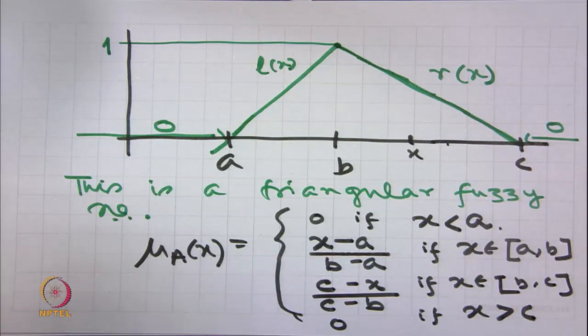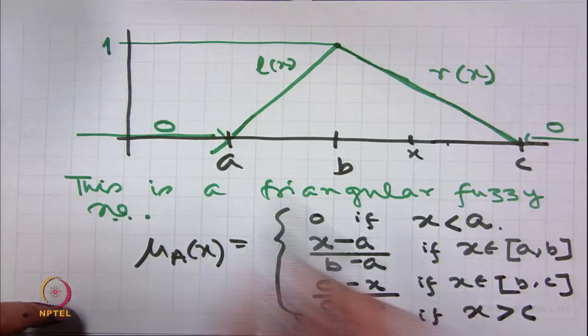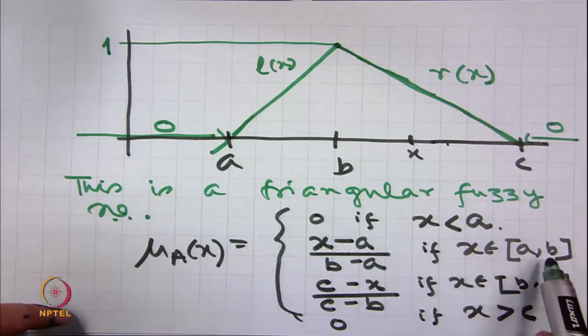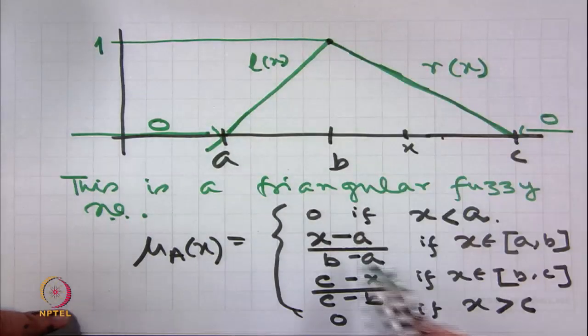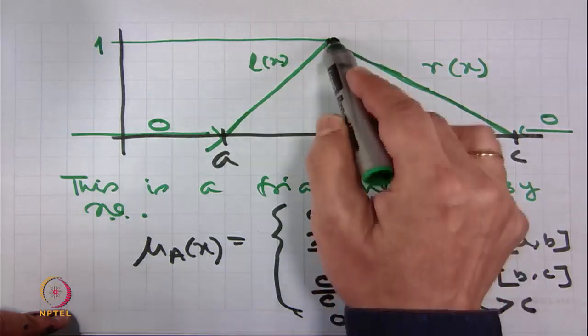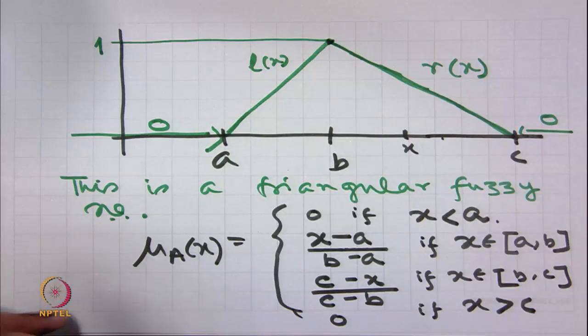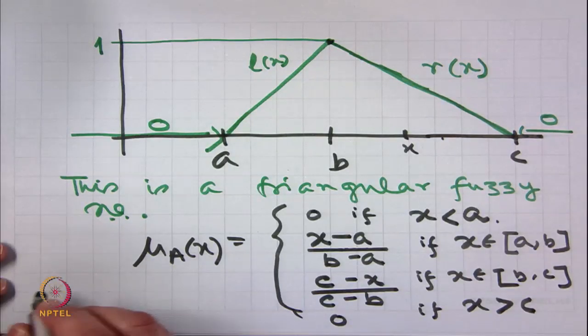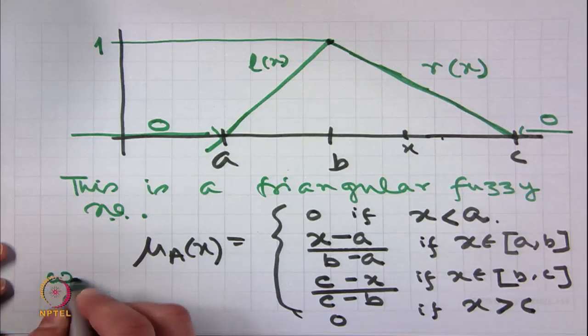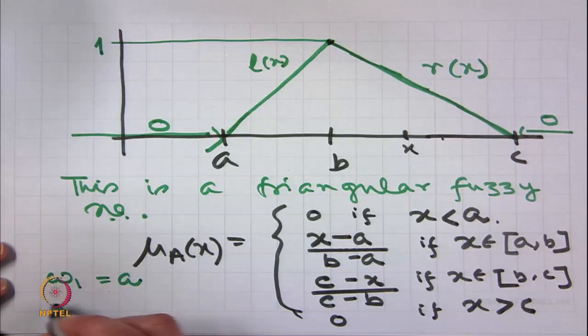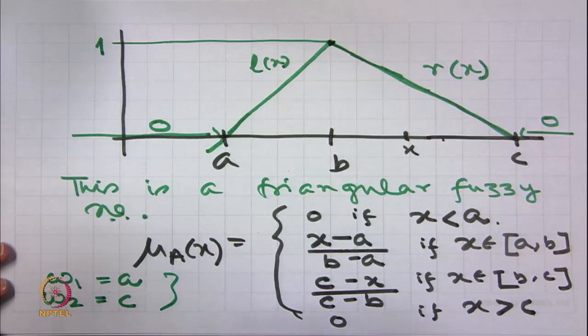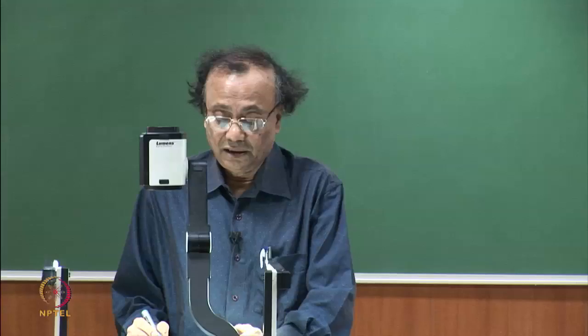So, you notice that when x is a, it is 0, when x is equal to b, it is 1. Here also, when x is equal to b, it is 1, and when x is equal to c, it is 0. Therefore, we can say that W1 is equal to a, W2 is equal to c, and this along with the above definition, we get a triangular fuzzy number.